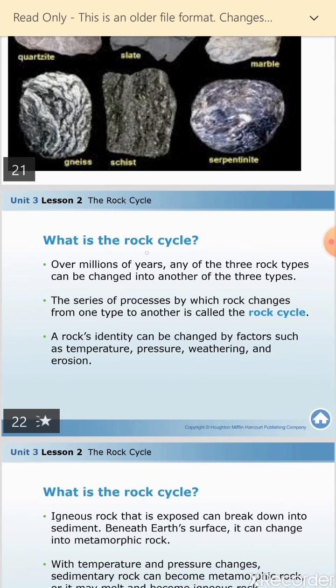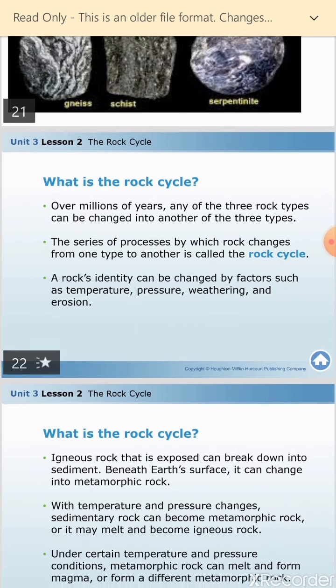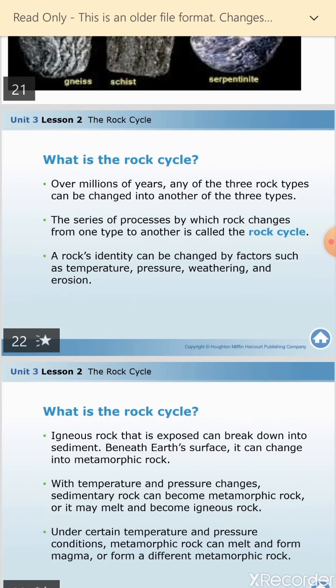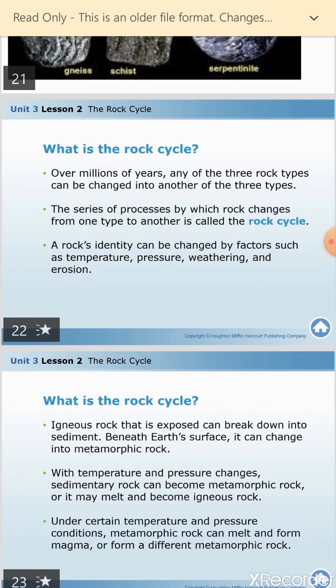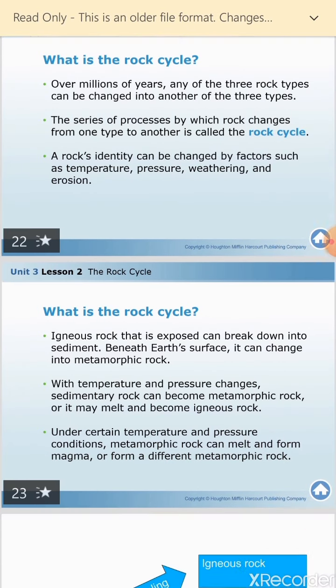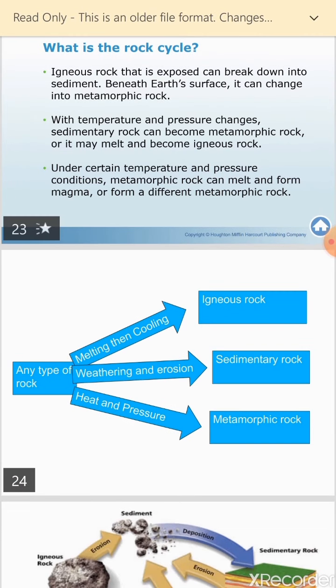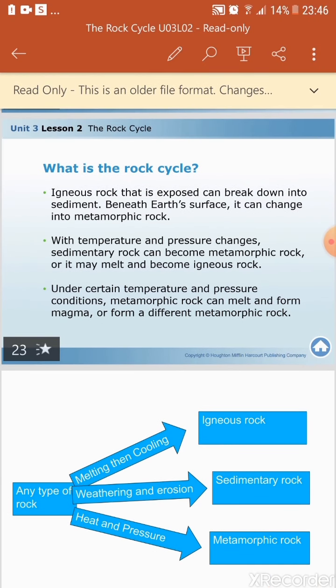Now we will start on the rock cycle. Actually, I will just give you the main concept, then we will continue, inshallah, in the next lesson. In the rock cycle, we will see that every type of rock can be changed to another type.